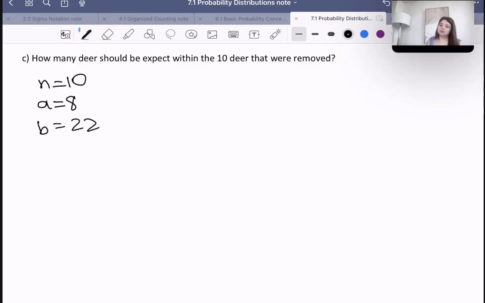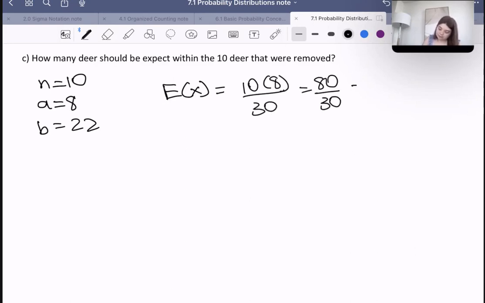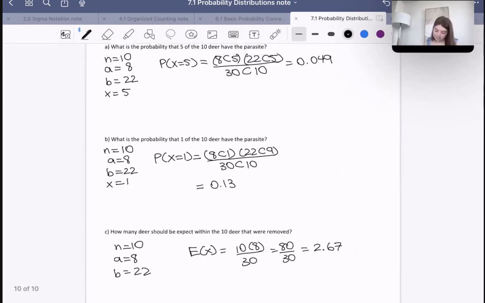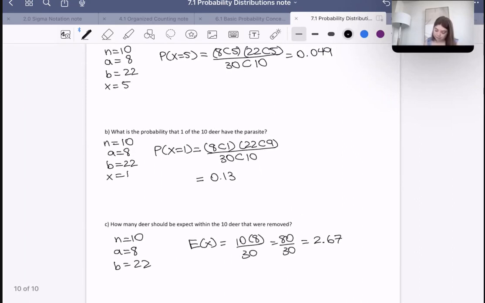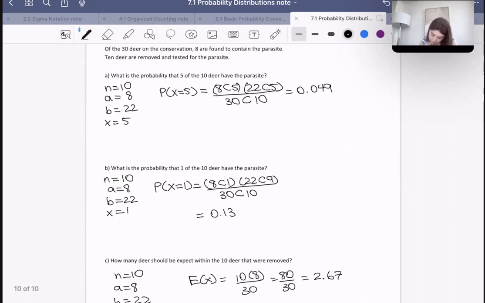Same numbers as before. So our expected number of deer to have the parasite would be 10 times 8 over 30, which is 80 over 30, which is 2.67, right? So about 2 and 2/3. And that number is closer to 1 than it is to 5, right?